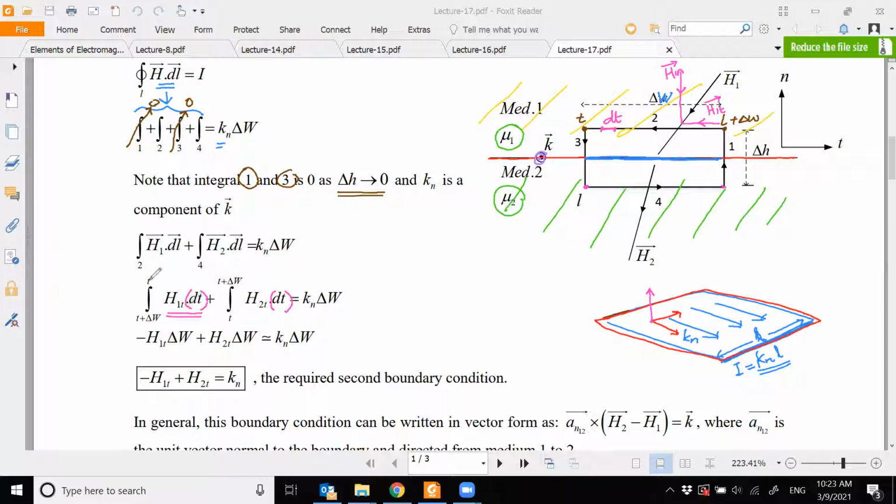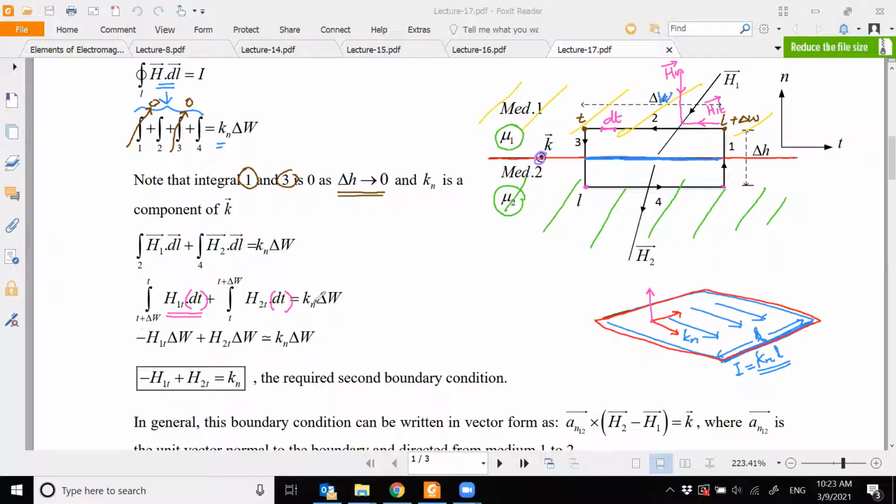See, I've put limit T plus delta W to T. So the direction of my integration is taken care of by the limits. So I'm not putting anything here, minus or plus, and I don't need to worry because I did not put the coordinate system. So I really don't know which one is AX direction and which one is minus AX direction. So in this case, I can just include the direction in my limits of integration.